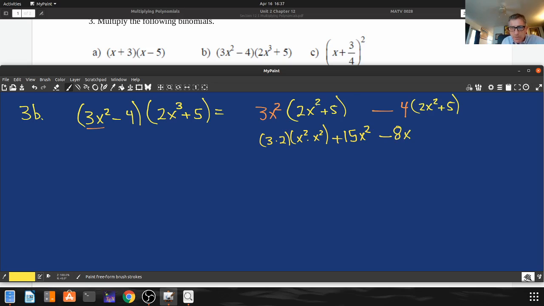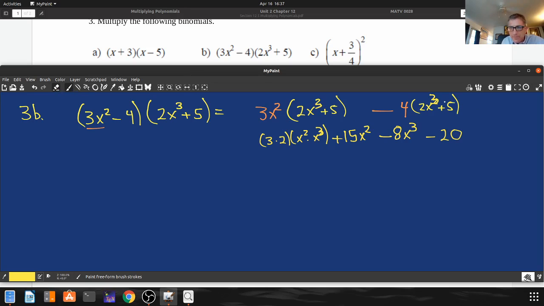Sorry, this is supposed to be x cubed. Let's change that to x cubed. So that's going to be x cubed there. And that's going to be 4 times x cubed minus 20. I got that right. 2x cubed, 2x cubed.